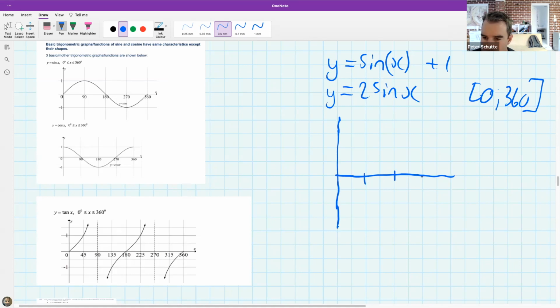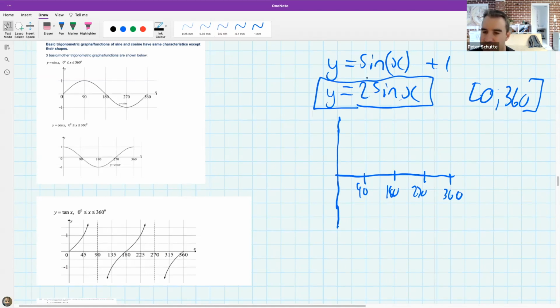And then I would take the period of the graph, which in this case is 360, and chop it up into a step size of 90. I want you to draw this graph for yourself. And then when you are done drawing that graph, I want you to say done in the chat. And then I'll draw in my copy of the graph so you can see if you agree with me.